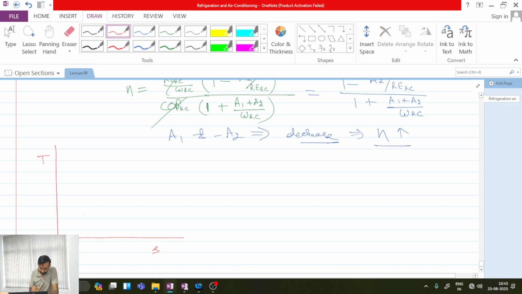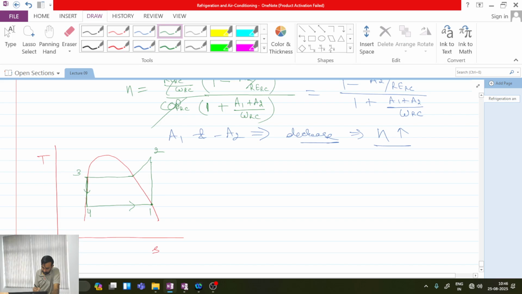Say I have a working fluid whose saturated liquid line is almost vertical. In this case, how will I have the cycle? This is point 1. This will be point 4.